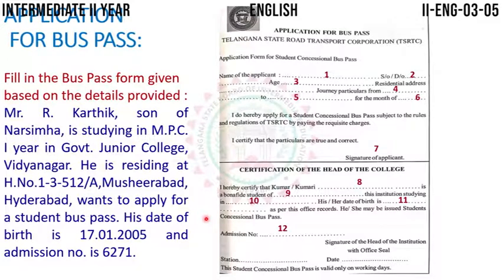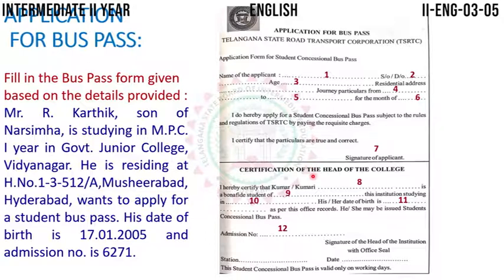For that they need a route bus pass, or from a rural area to an urban area, where they want to travel from their home to the bus and back, from college to their homes, they want a regular bus pass. And for that bus pass, there is a form available for you. Along with that one, you need to take one bona fide certificate from the college in which you are studying.